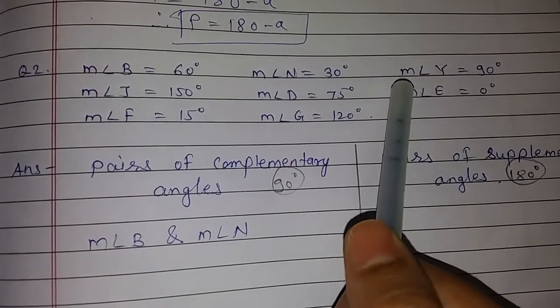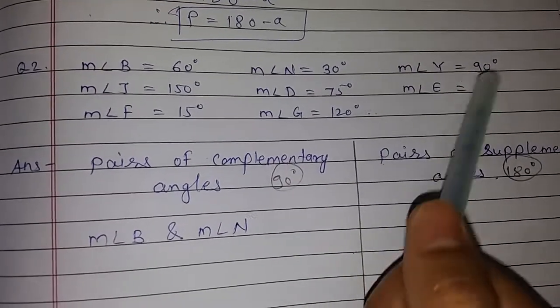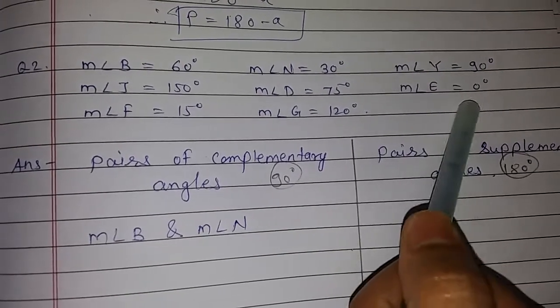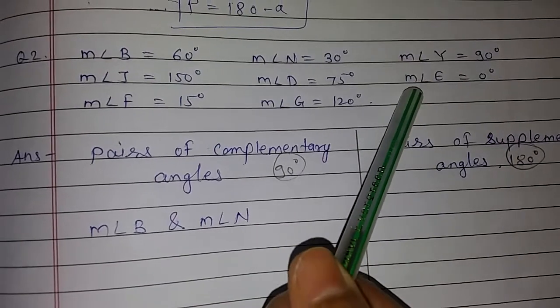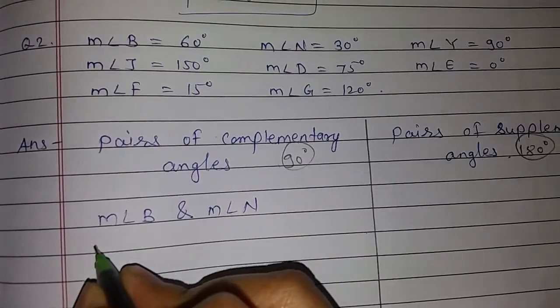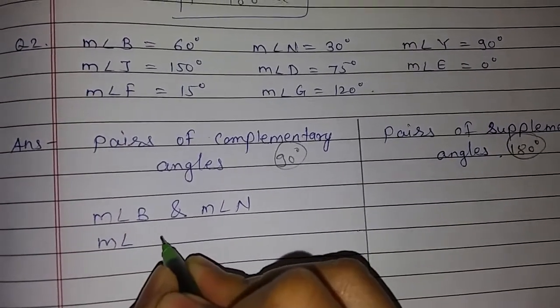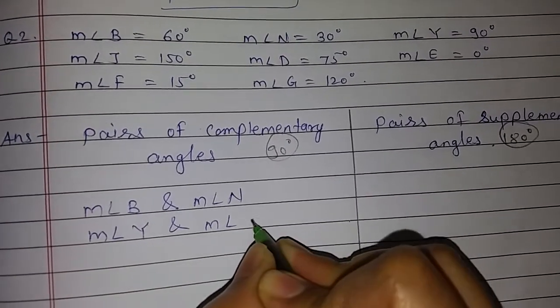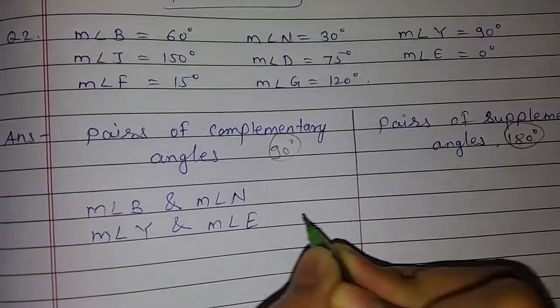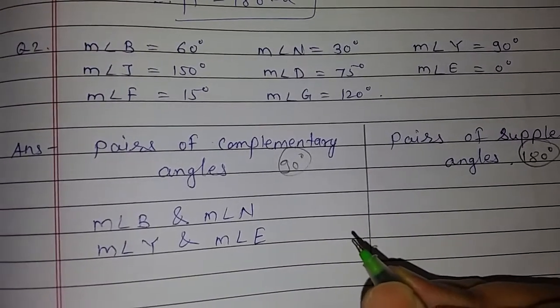See here Y is 90 and E is 0, 90 plus 0 is 90, means measure angle Y and measure angle E, this is one pair.